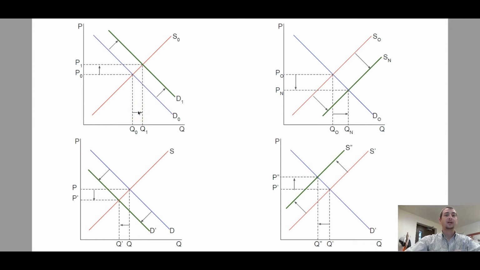Now if we had another shift in either the supply or demand curve, let's say that we drew another demand curve out here, we would actually label that D2. And the equilibrium price and quantity off of that would be denoted as, say, P2 or Q2.